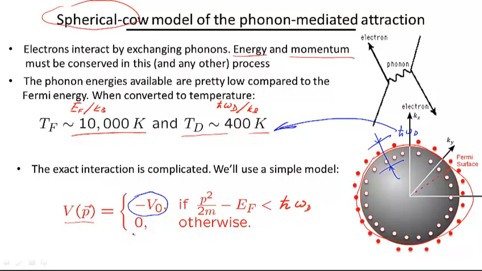So if we look just at the upper part, V of p is equal to minus V0, this would correspond to essentially a local attraction in real space. This is something we actually saw in lecture number 5 for the delta potential. This is the kind of problem we discussed already. However, then we were talking about one particle in a quantum well.